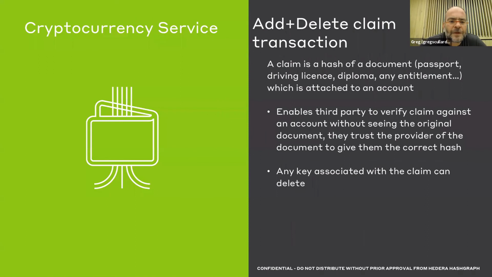Claims. So again, this is a feature of accounts. Accounts have claims, and a claim is a hash of a document or a hash of something. It can be anything you can think of. The list here is by no means exhaustive, but it could be a scan of a passport, a driving license, a diploma, a property deed, whatever you want.